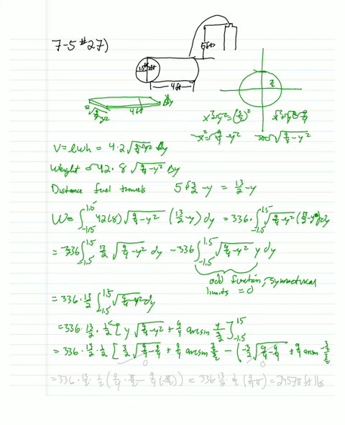In each case, that radical part is 0. So we have 336 times 13 halves times 1 half times 9/4. And notice this is arcsine of 3 halves over 3 halves, that's just 1. Arcsine of 1 is pi over 2, minus the arcsine of negative 3 halves over 3 halves, which is negative 1, so that's negative pi over 2.